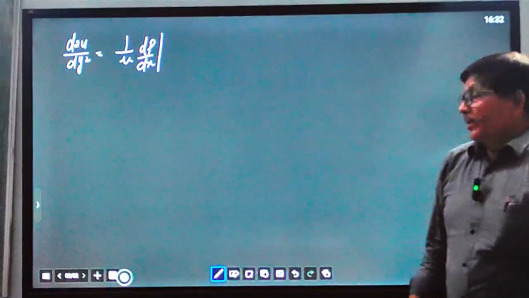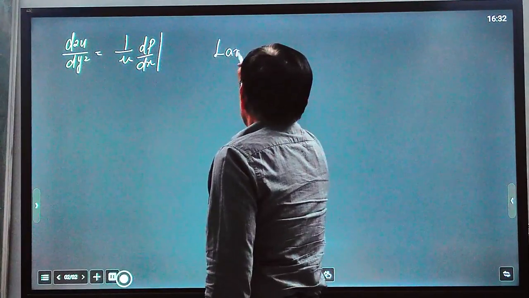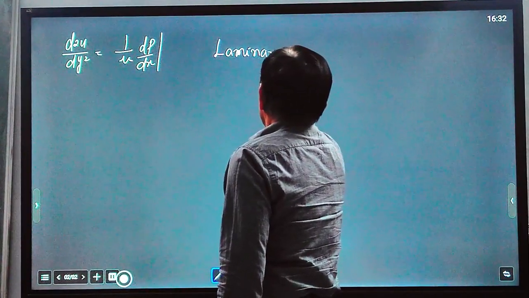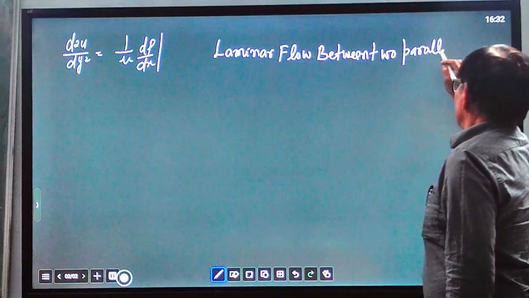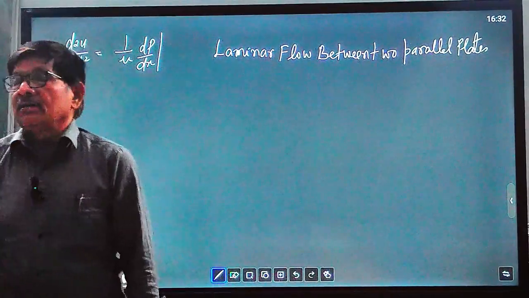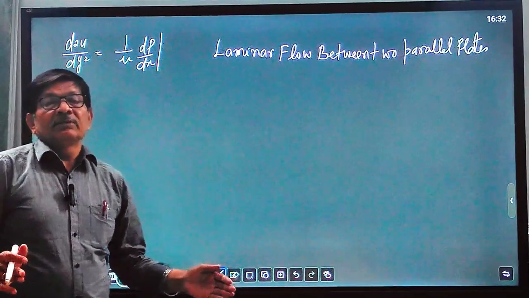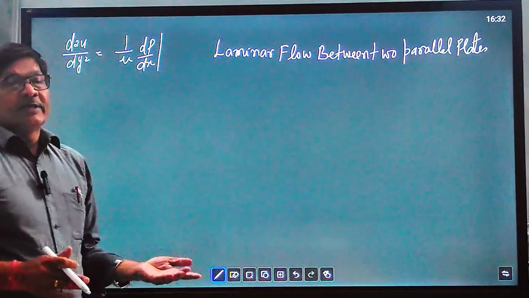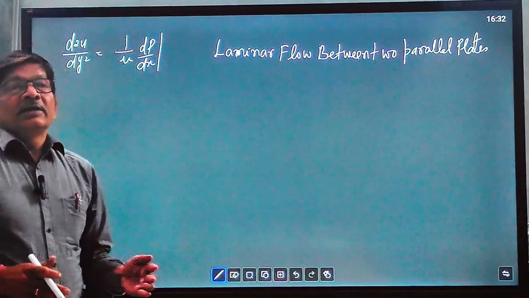Now the case that we are going to discuss is laminar flow between two parallel plates. In many engineering applications you will find two parallel plates of infinite depth with flow occurring, either in the case of parallel plates or a pipe, or in a canal system.